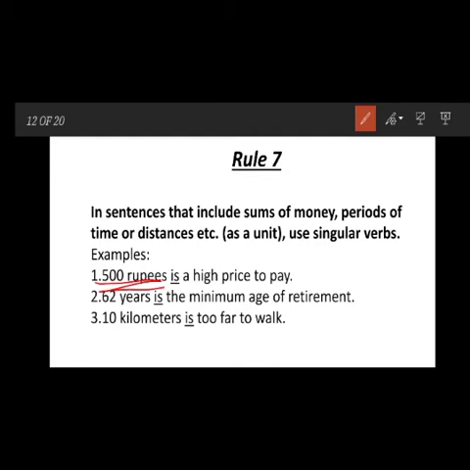Like, "Rupee is a high price," so always use singular. "Twenty-six years is the maximum age." "Ten kilometers is too far." That is all singular.